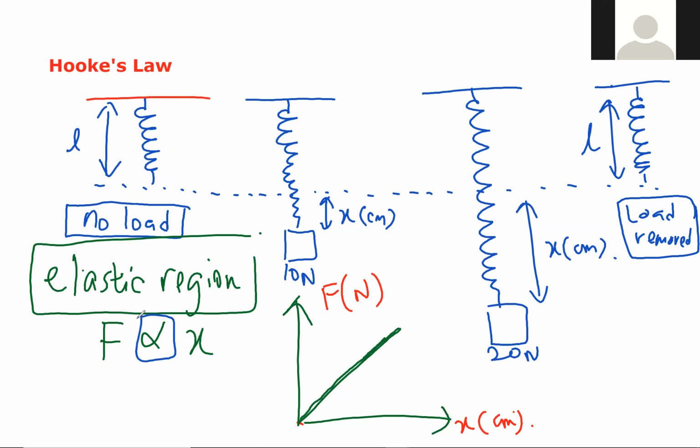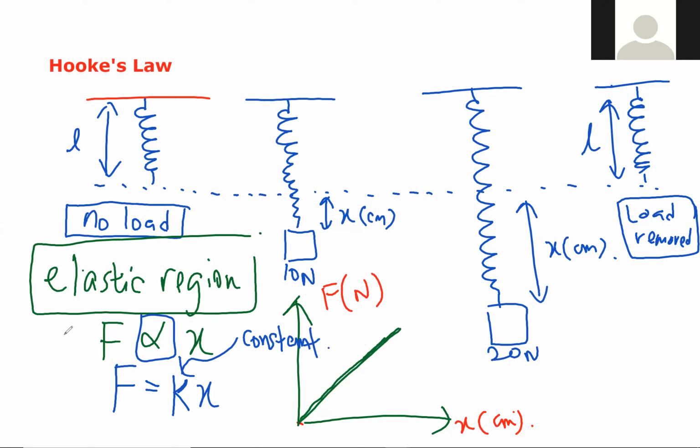Now in mathematics, whenever something is directly proportional to another, it means you can change the symbol to an equal sign and put a constant, so F equals kx. Let's just assume k is any number; we call it a constant.